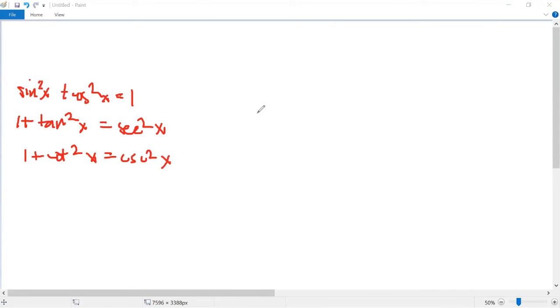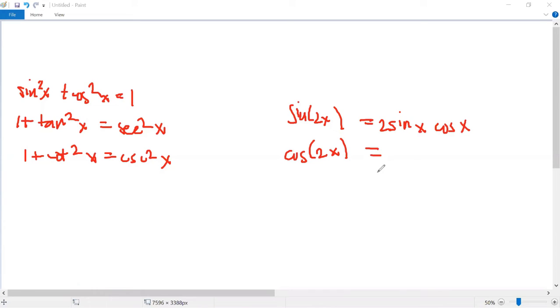Next, we have the double angle formulas. Sine 2x is equal to 2 sine x cosine x. And then cosine 2x. There are three forms that you can convert this into.